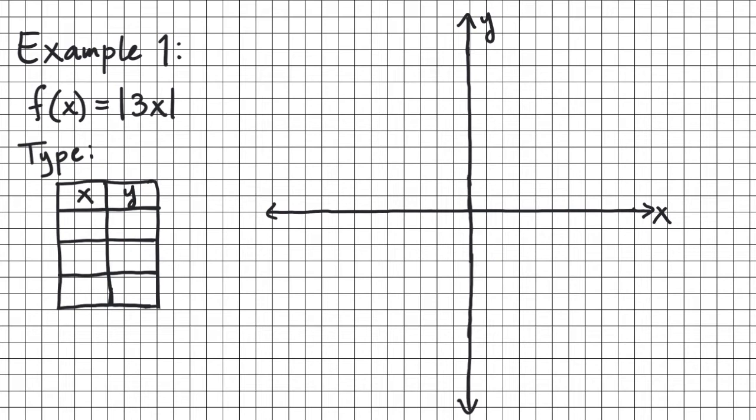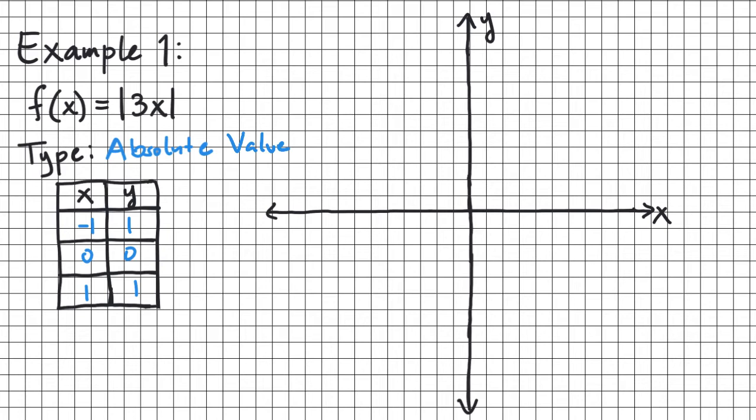Okay, so for example 1, if we state the type first, it's absolute value. And then the values are -1, 1, 0, 0, 1, 1.